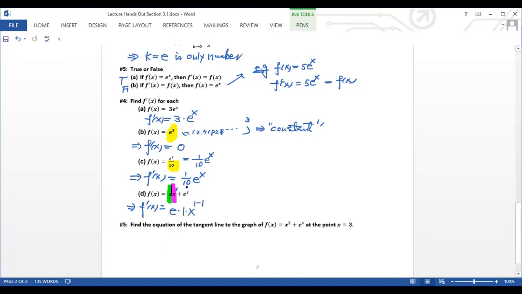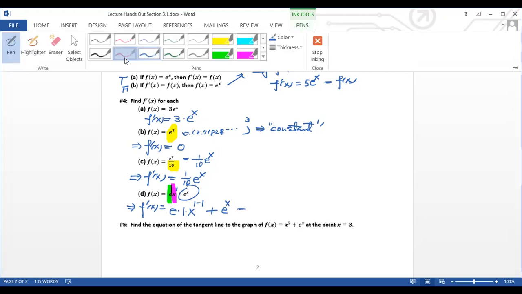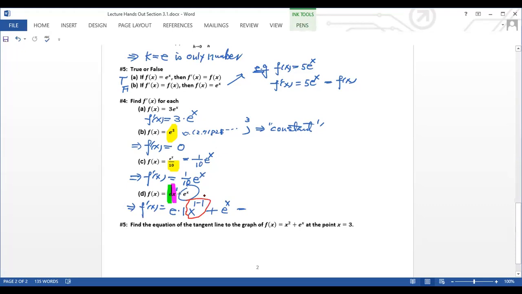Then the second function, e^x: the derivative is the same thing, e^x. Like we did many times before, x to the 1 minus 1 is x^0, which is equal to 1. So the final answer will be e plus e^x.